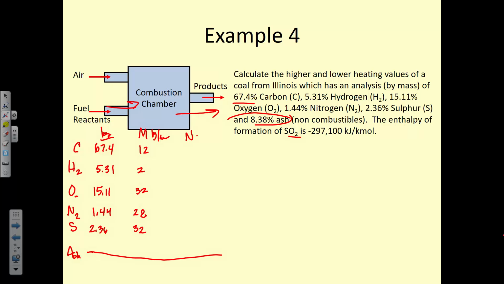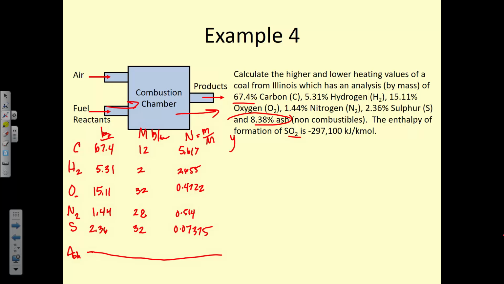Using this, we can calculate the molar number, which is the mass divided by the molar mass. So for each of these, 67.4 divided by 12 gives us 5.617, 2.655, 0.4722, 0.514, 0.07375.